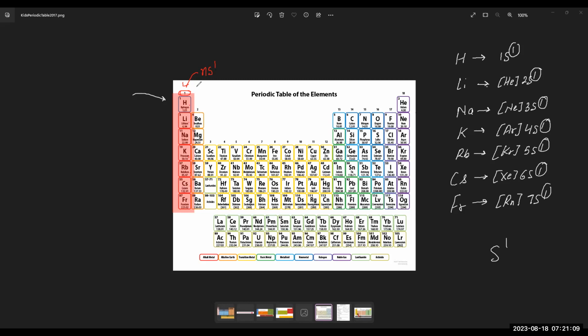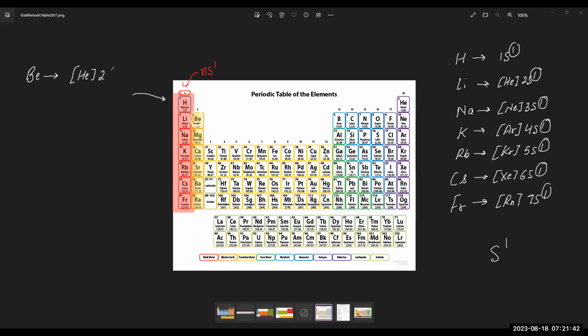Can you now, in your notebook, the way we have done with group number 1, do group number 2? What's the configuration of beryllium in terms of noble gas configuration? Noble gas configuration, children. Helium, this beryllium, first element.